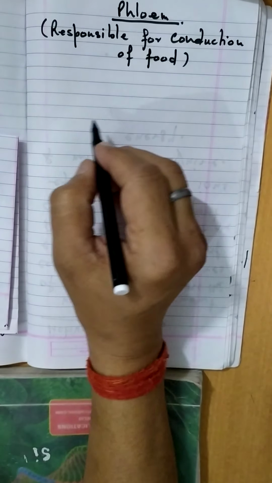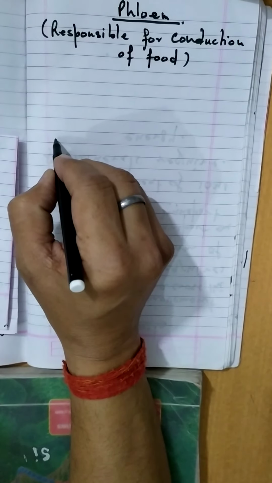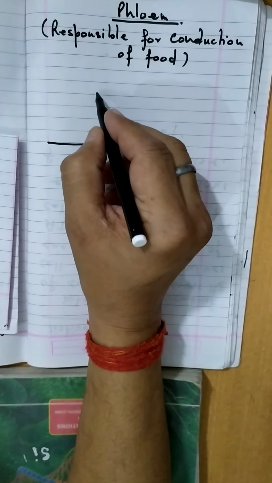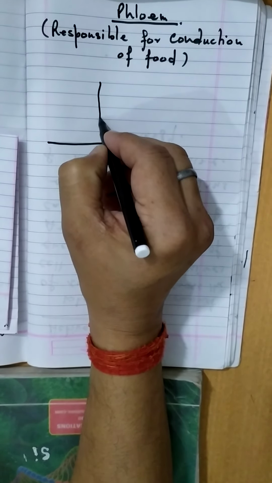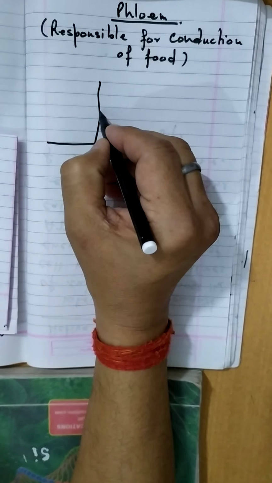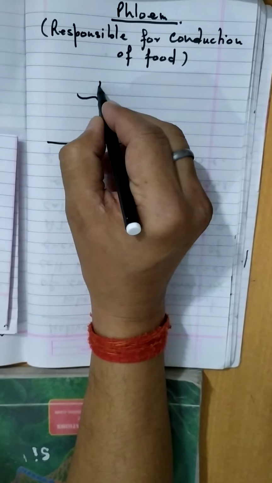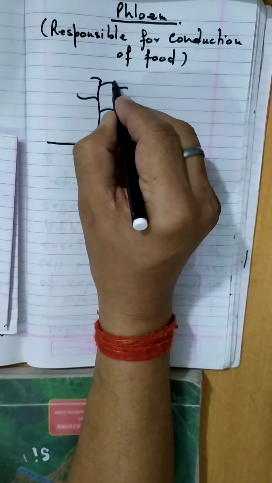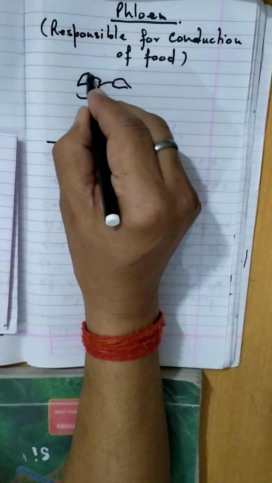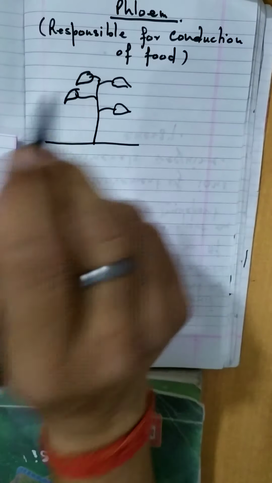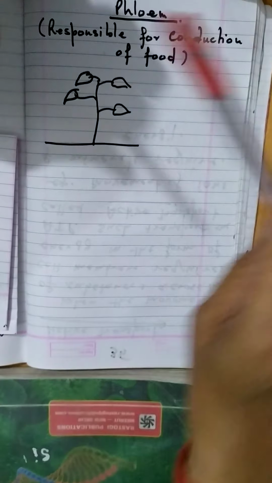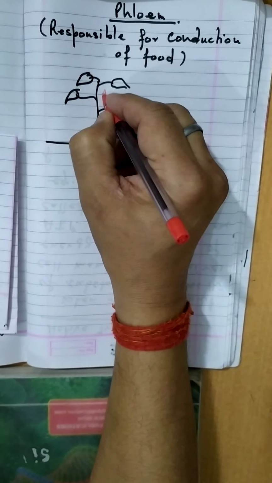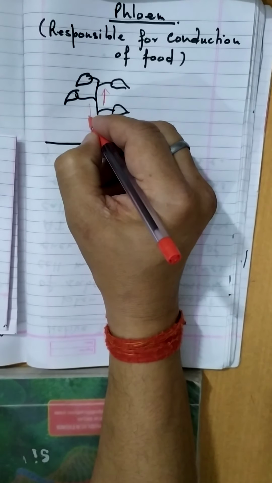Unlike xylem, where the conduction was from ground to upper side, in case of phloem, the food is manufactured in leaves, and from leaves it is transported to upper side as well as to lower side, upper part as well as lower part.